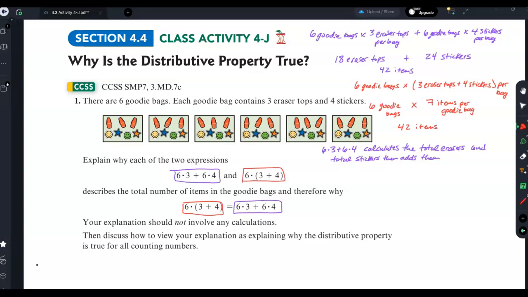So I still get 42 items either way, right? It's just a different way of doing it. So if I do 6 times (3 plus 4), with the 3 plus 4 in parentheses, doing it that way is actually adding first. So it adds the items and then multiplies by the number of bags.